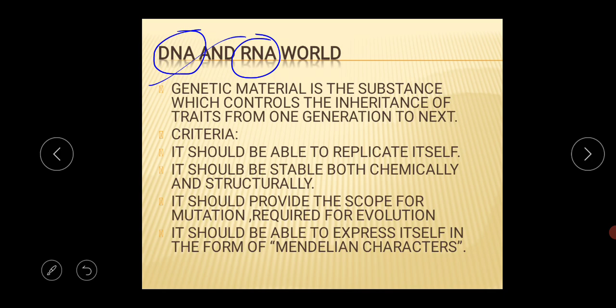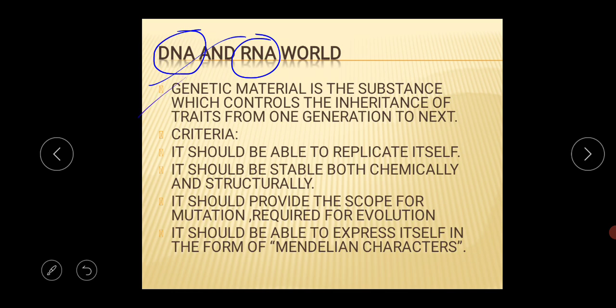A gene can grow, can reproduce and can also mutate. The gene is the ultimate unit of recombination, and the genetic information is transferred from DNA to RNA. That's why you should know about the DNA and RNA world.